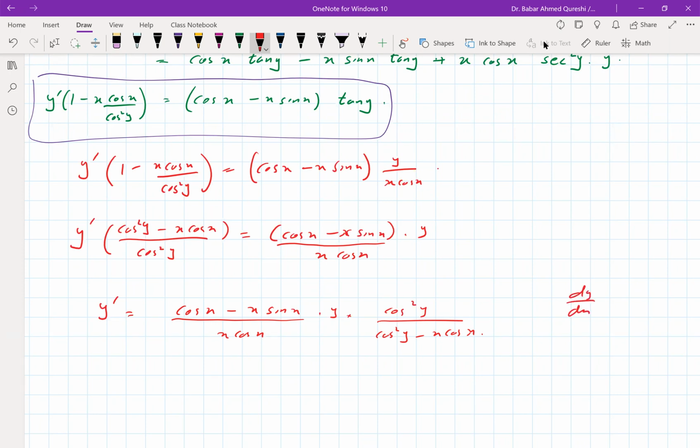If you leave it like this, this is the answer. But what is this as a function of x?